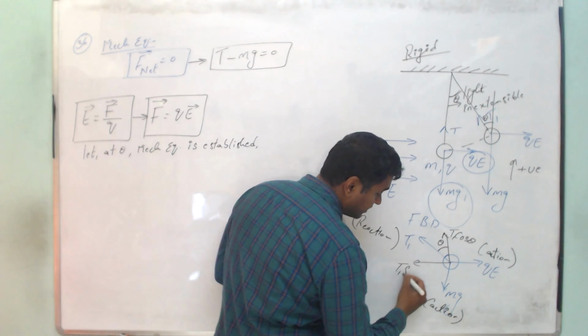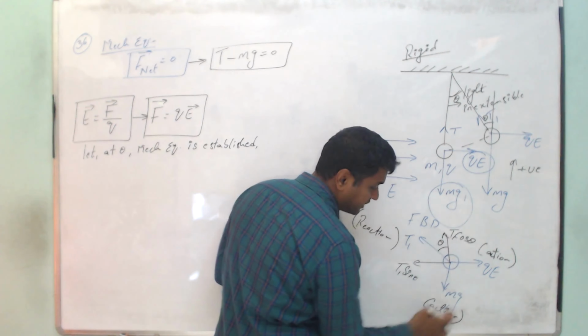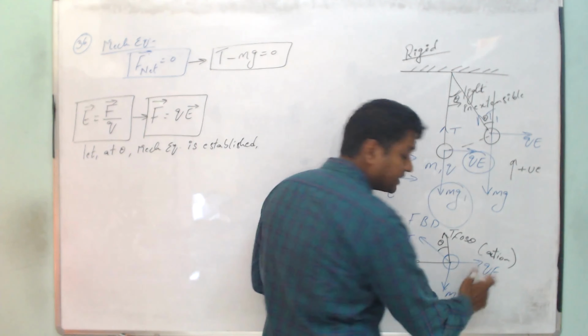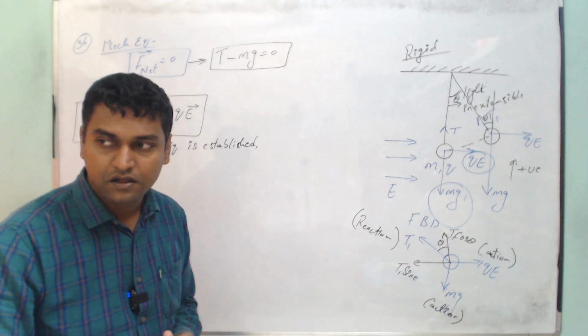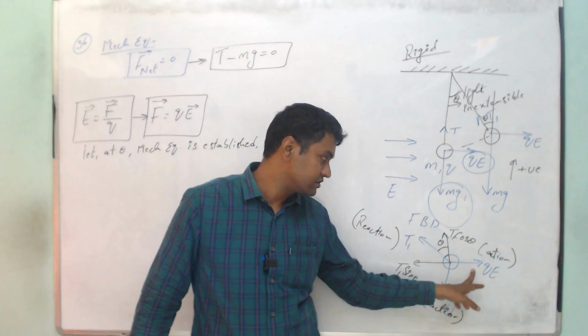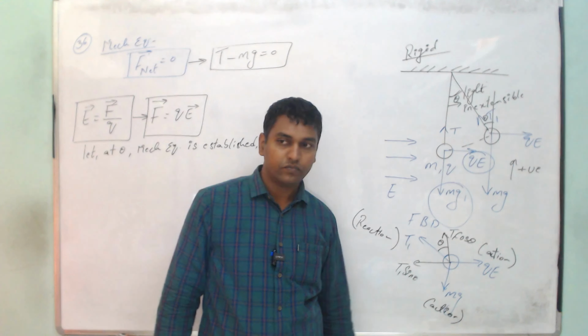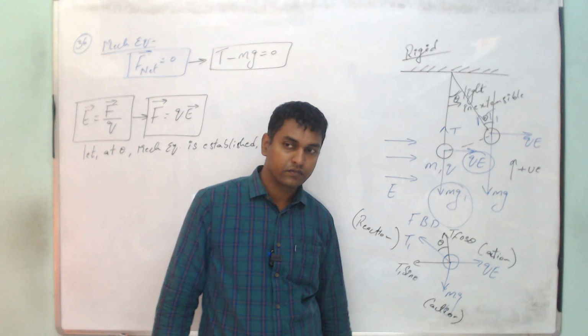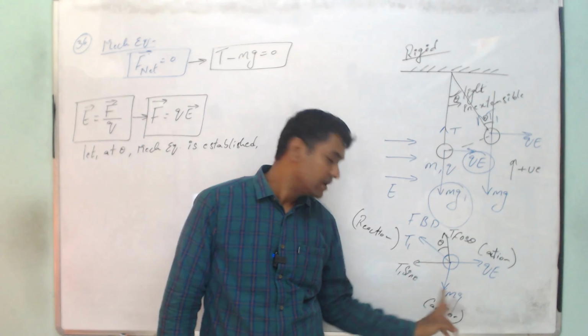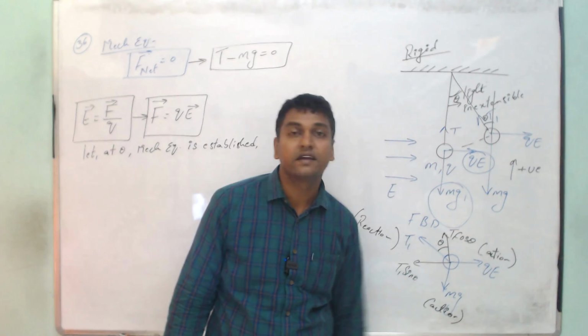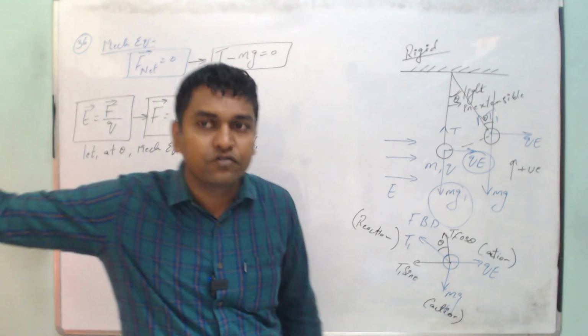Now you can clearly see T1 cos theta is against my gravity and T1 sin theta is against my electrostatic, in the opposite direction. T1 cos theta is acting against my gravitational force and T1 sin theta is acting against my electrostatic force.